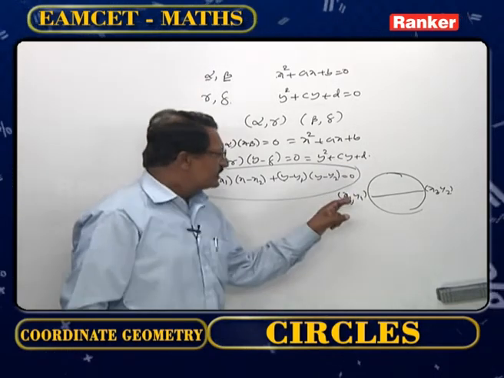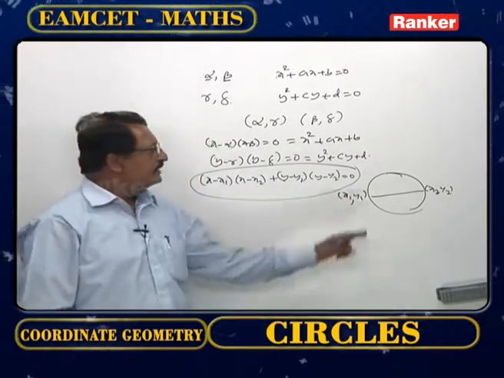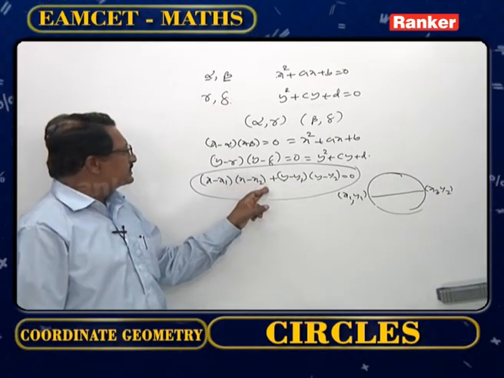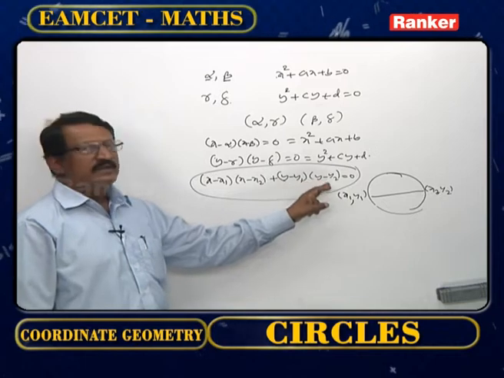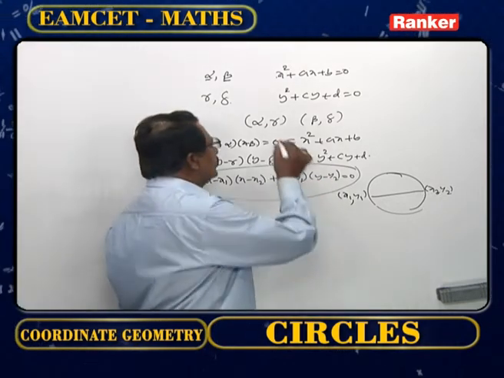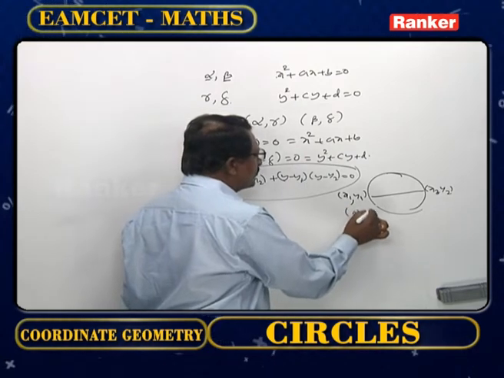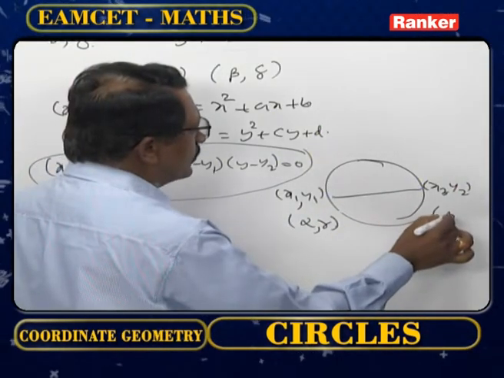The equation of the circle whose extremities of diameter are (x1, y1) and (x2, y2) is (x - x1)(x - x2) + (y - y1)(y - y2) = 0. Now, the required equation of the circle whose extremities of diameter are (alpha, gamma) and (beta, delta).